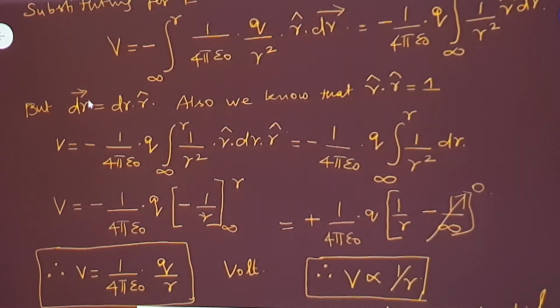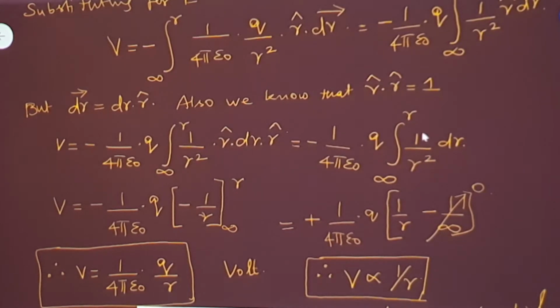Instead of dr vector, I am writing r cap into dr multiplied with again this r cap, so r cap into r cap is 1. So the answer is minus 1 by 4 pi epsilon 0 into q, integral from infinity to r of 1 by r square into dr.